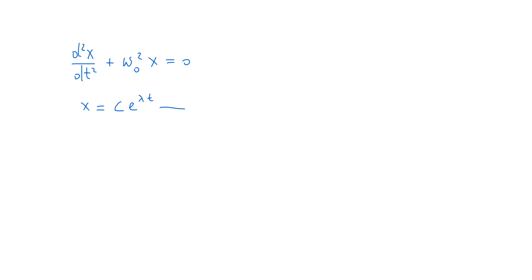The first derivative dx/dt is equal to lambda c e to the power of lambda t. And the second derivative d2x/dt to the power of 2 is equal to lambda to the power of 2 c e to the power of lambda t.